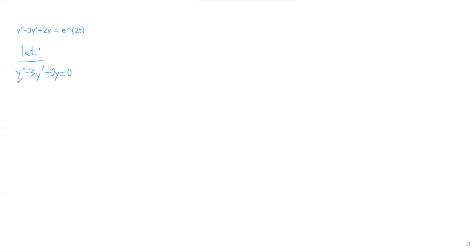So r^2 - 3r + 2 = 0, and r is 1 and r is 2.